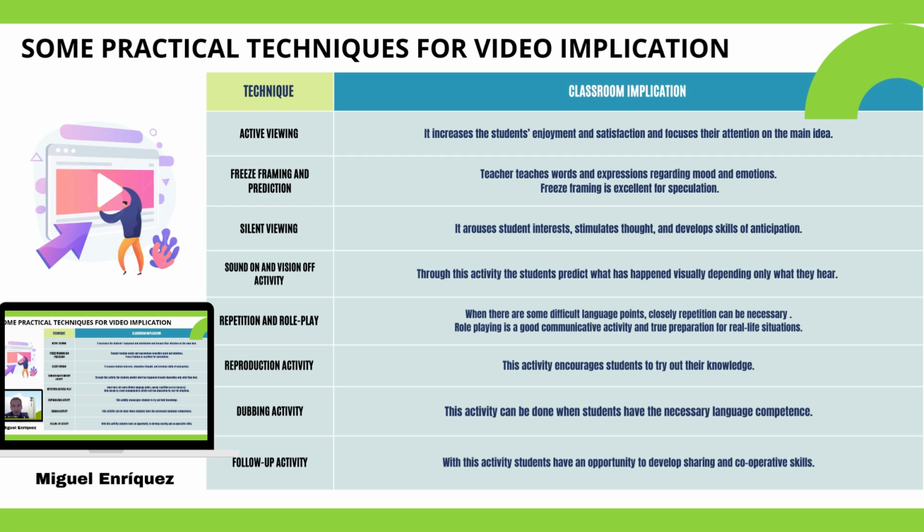Sound on, vision off activity is the opposite of silent viewing because you use only the audio, and the students need to pay attention to it, answer some questions, be sure about the contents of the audio, and describe it. Through this activity, the students predict what has happened visually depending only on what they hear.